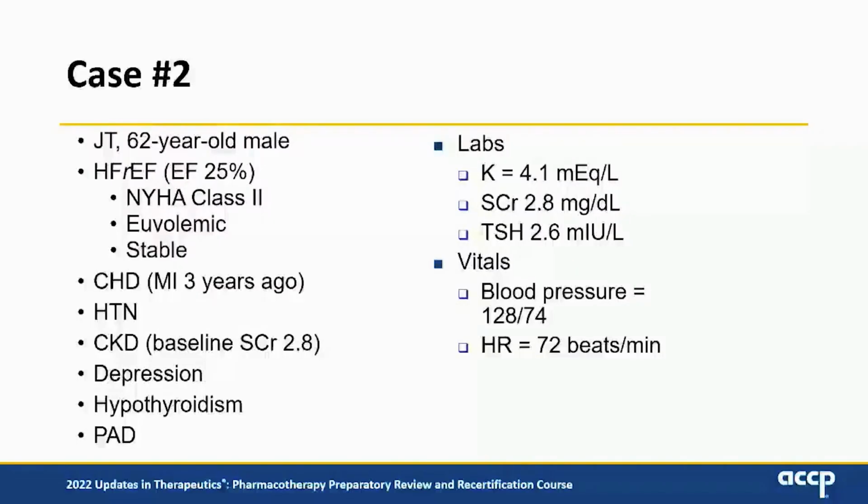Okay, so our second heart failure case, we have JT, a 62-year-old male with HFrEF, EF 25%. He's class 2, euvolemic and stable. He has a history of an MI 3 years ago, hypertension, CKD, depression, hypothyroidism, and PAD. You check labs, you have a potassium of 4.1, creatinine of 2.8, which is his baseline, a TSH of 2.6, and his blood pressure is 128/74 with a heart rate of 72.